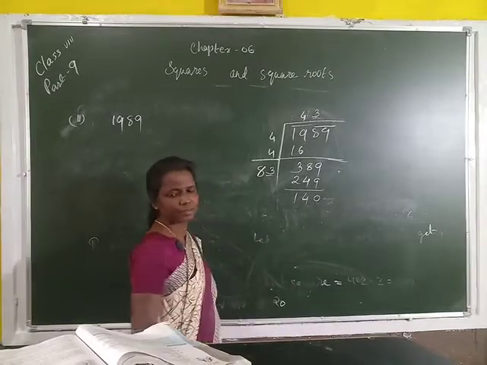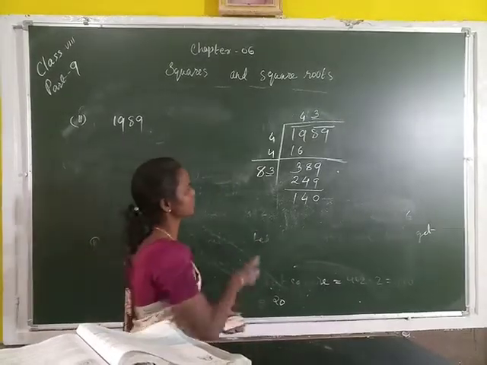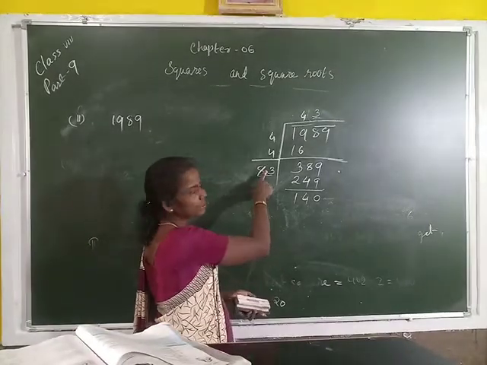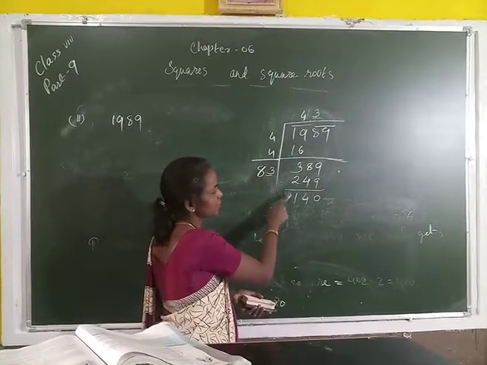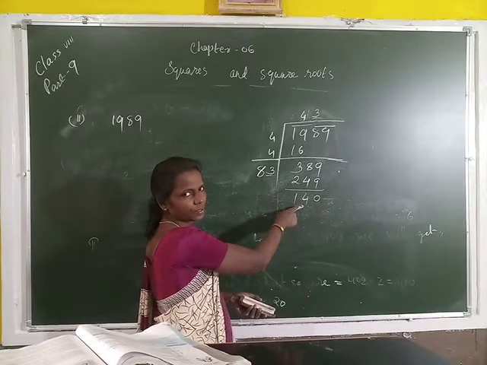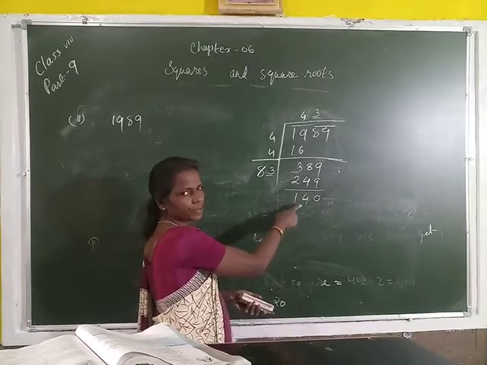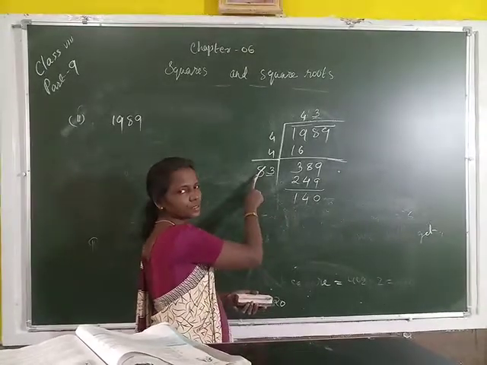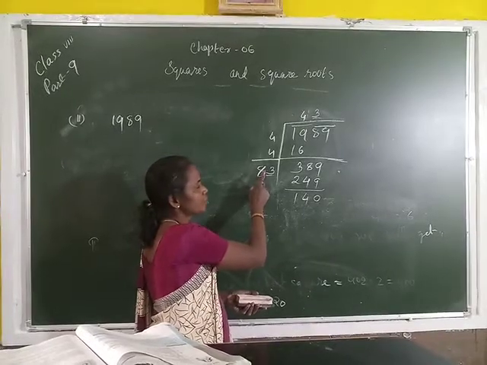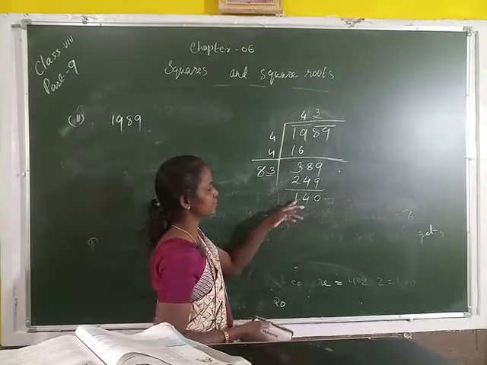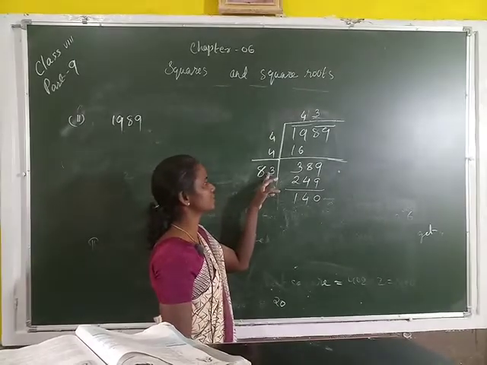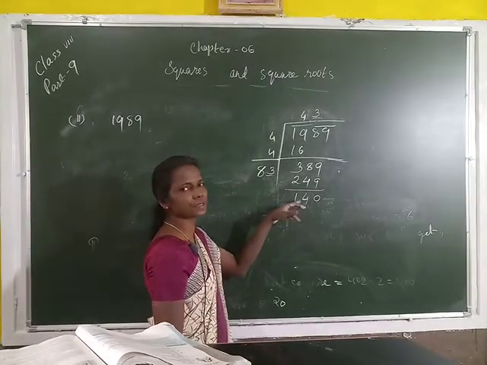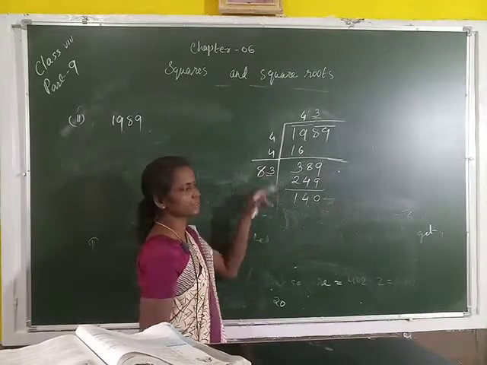Look, is it correct? This is not correct because here the divisor is less than this remainder. Where the remainder is big, the divisor should be bigger. So this is not correct. When we divide any number, the remainder is less than the divisor.